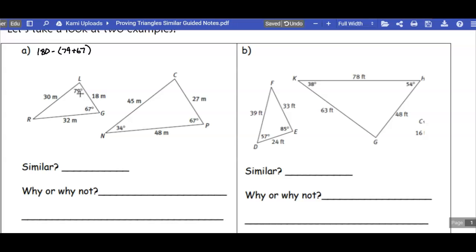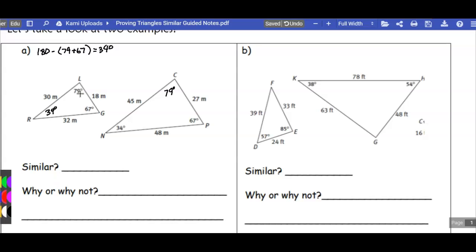So 180 minus 79 minus 67, that last angle is going to be 34 degrees. Now in my other triangle, I already have a 34 and a 67. We know this one has to be 79 degrees, because since they all added up to 180 in the other one, they're also going to add up to 180 over here.